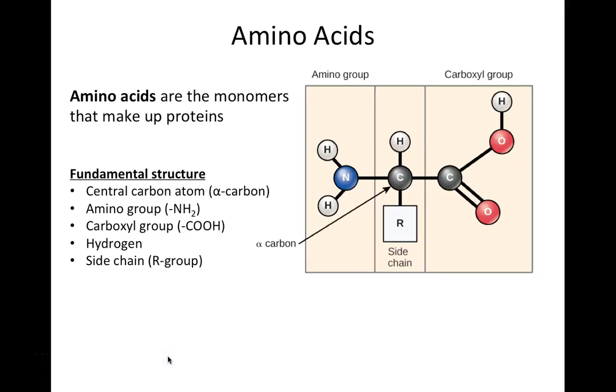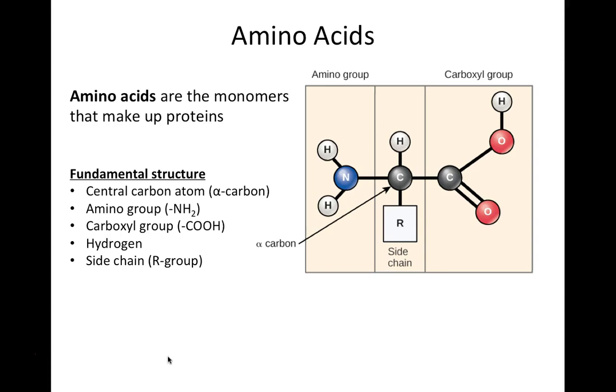Somewhat similar to carbohydrates, proteins are made of building blocks that we call monomers in the form of amino acids. The amino acids have a very basic structure. There's a fundamental blueprint for every amino acid building block of a protein that starts with a central carbon in the middle.